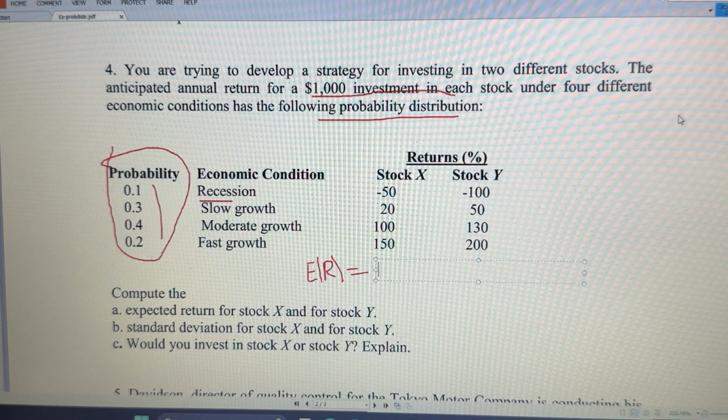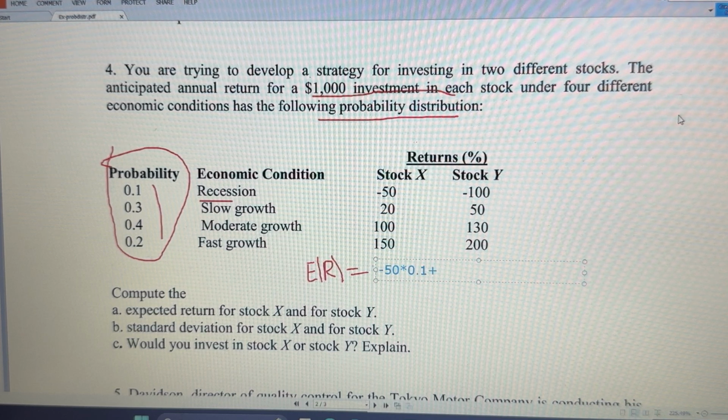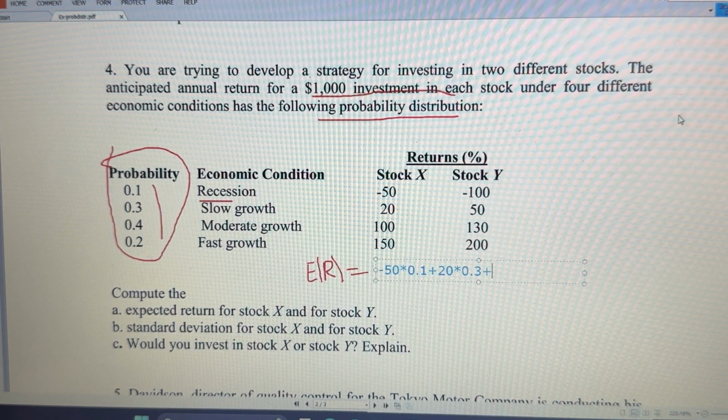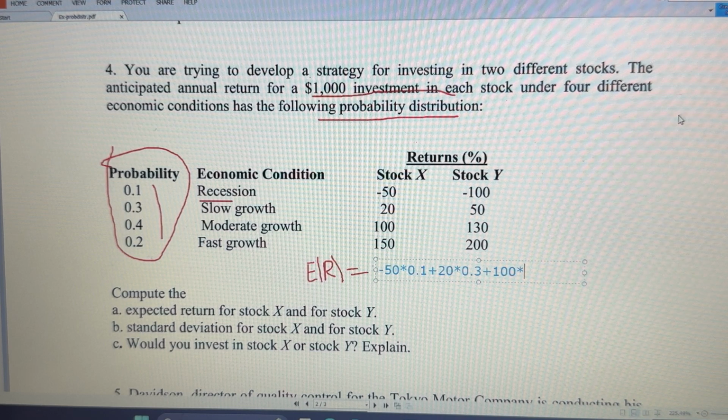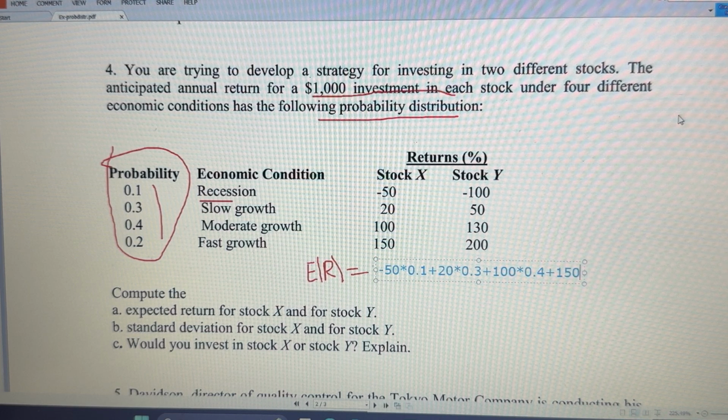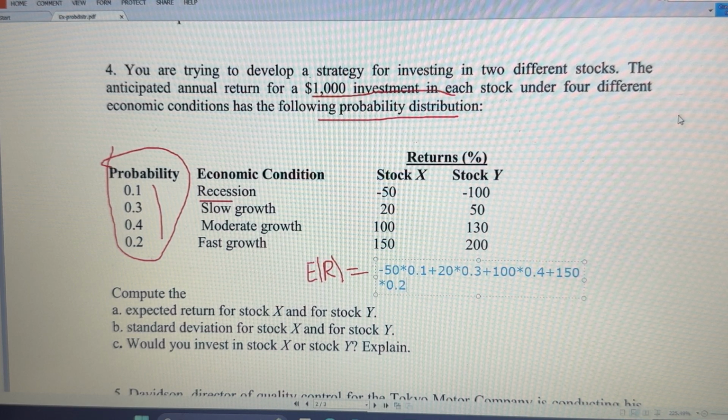You have to say the minus 50 into 0.1, then plus 20 into 0.3, then plus 100 into 0.4, then plus 150 into 0.2. Then you summarize, you will get the answer.